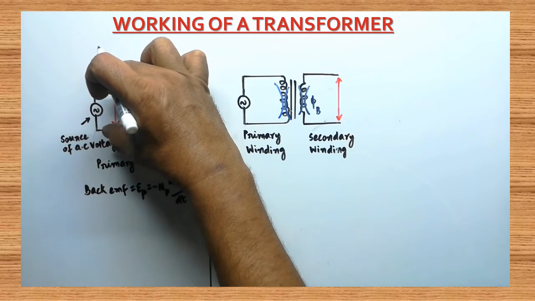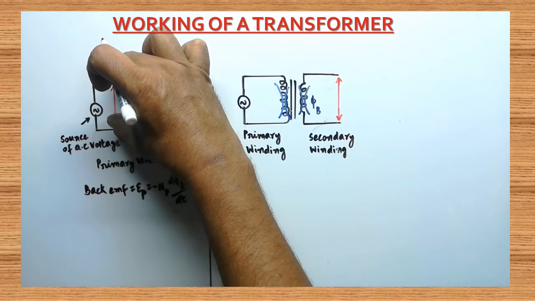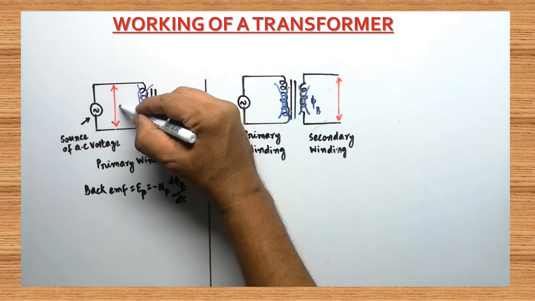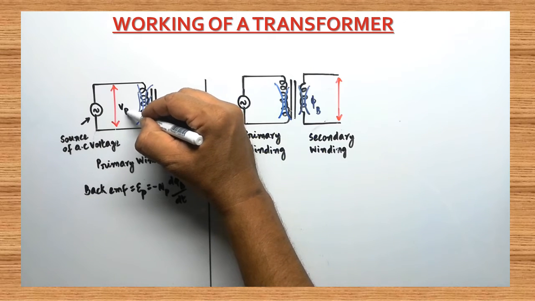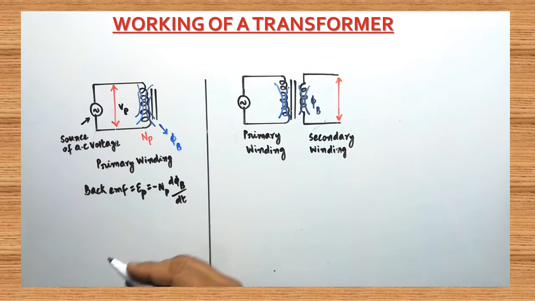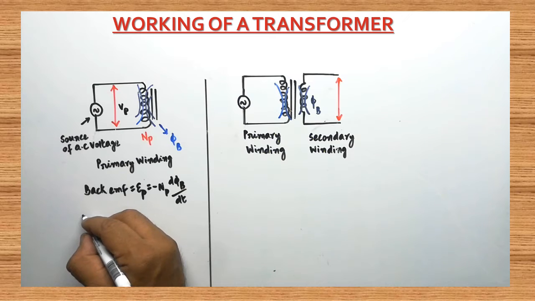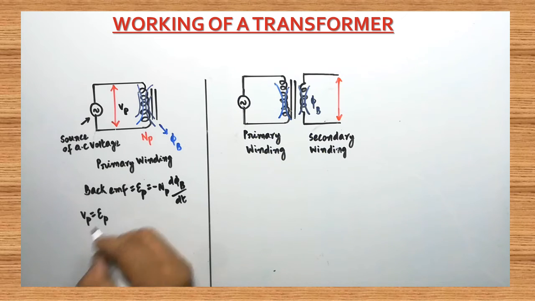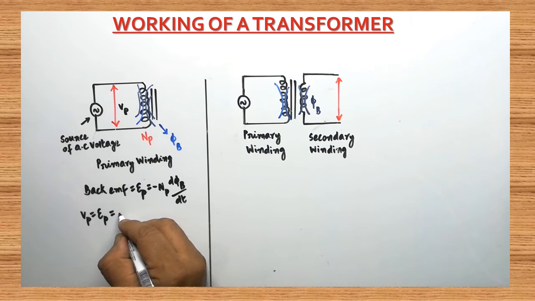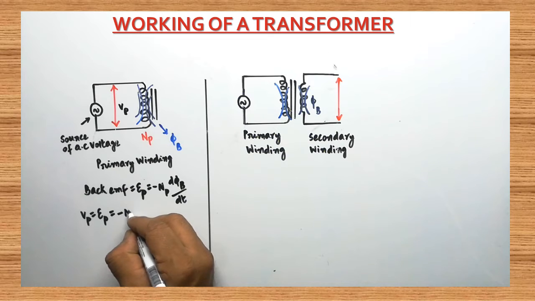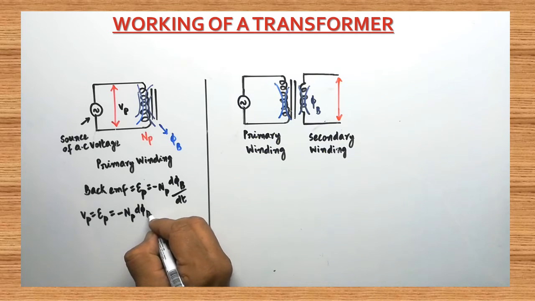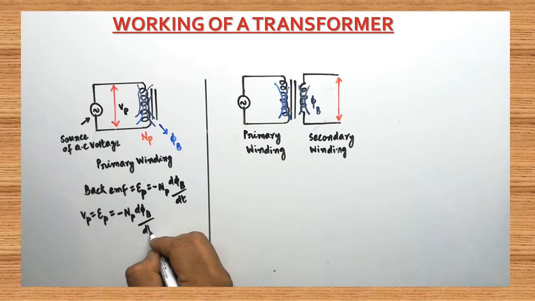You can measure this voltage here. The voltage applied across the primary can be measured in the form of back EMF. Therefore, we can write the voltage across the primary, which is equal to the back EMF epsilon P, which is also equal to minus NP d phi B divided by dt. Understand?